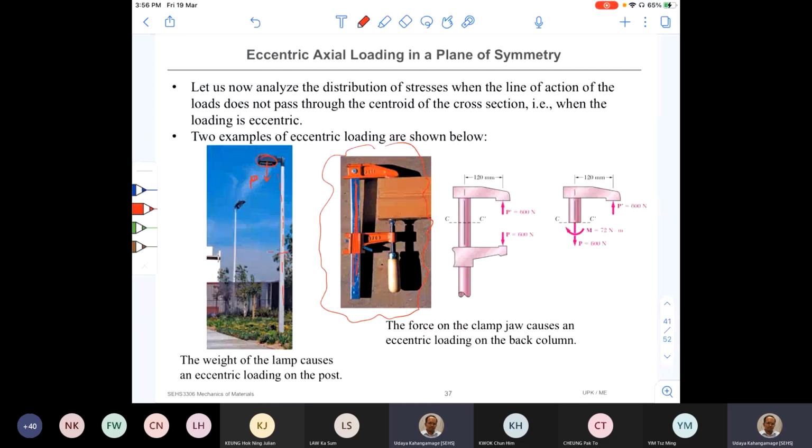To find that, we have to cut this vertical member at section CC prime. It can be any point along this vertical member.